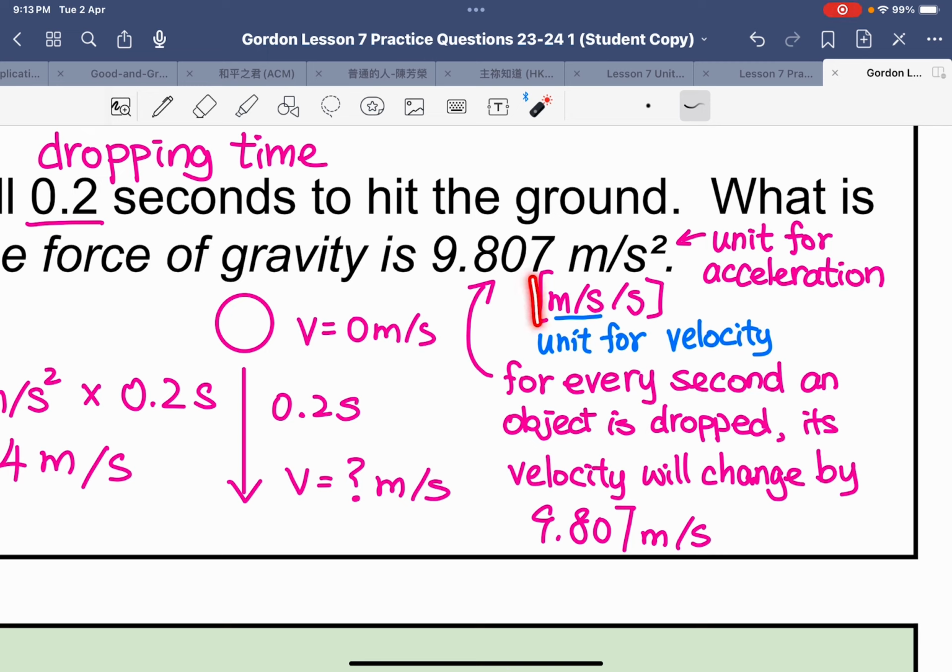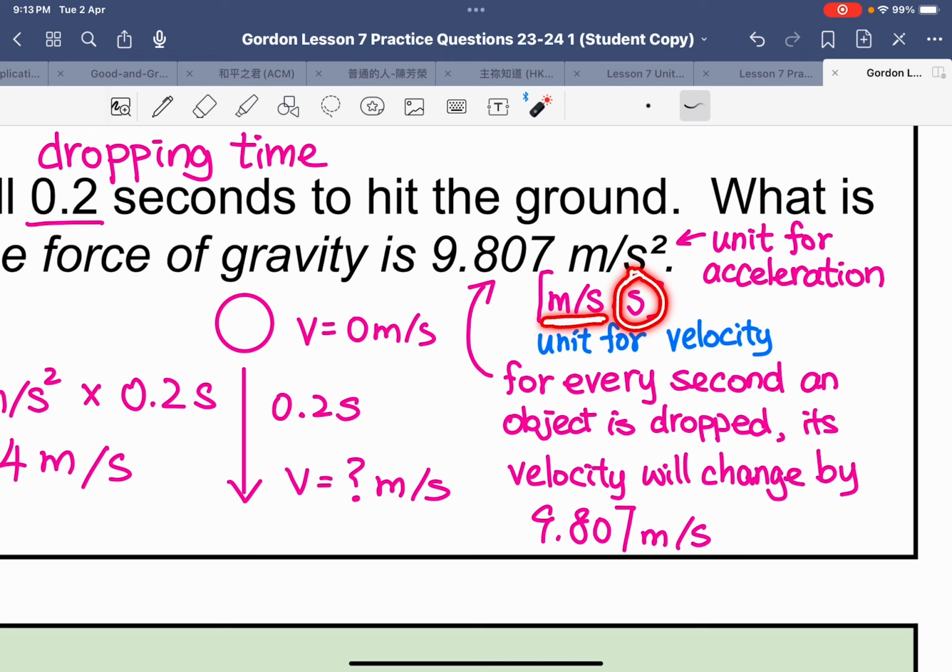So you can see that the unit for velocity is right here.